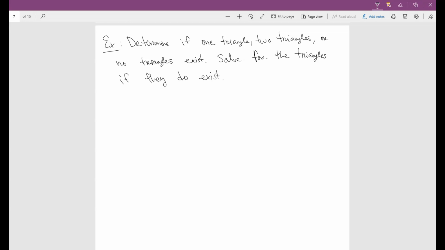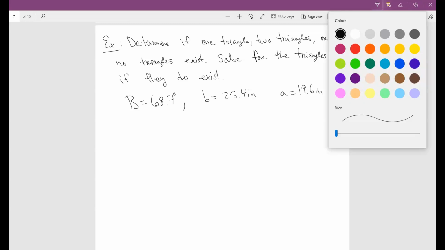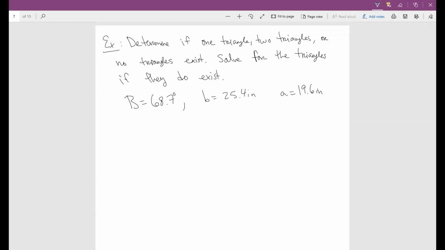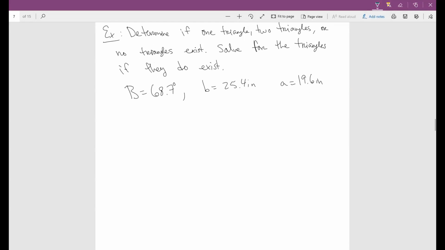Let's say we are given that big B is equal to 68.7 degrees, little b is equal to 25.4 inches, and little a is equal to 19.6 inches. Now let's draw a triangle first. I'm just going to draw a generic triangle, not drawn to scale.